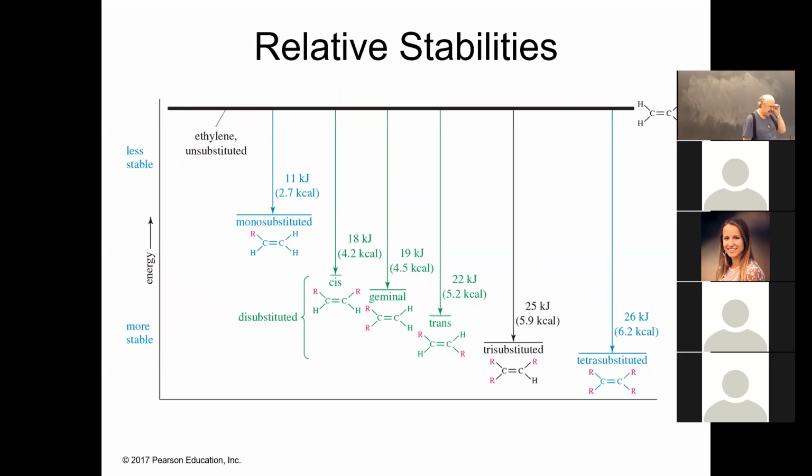So here we have a table of various alkenes. Ethylene is included up here at the top.